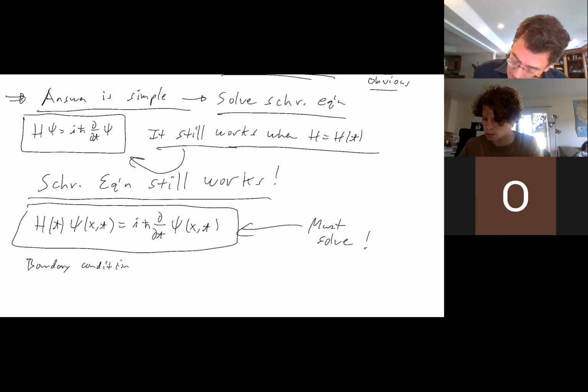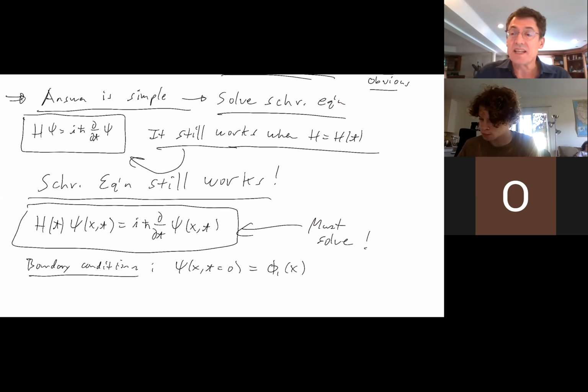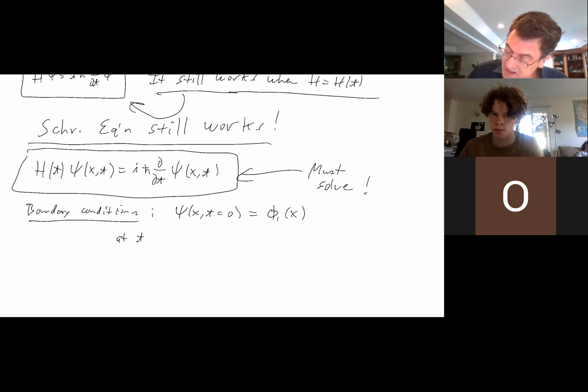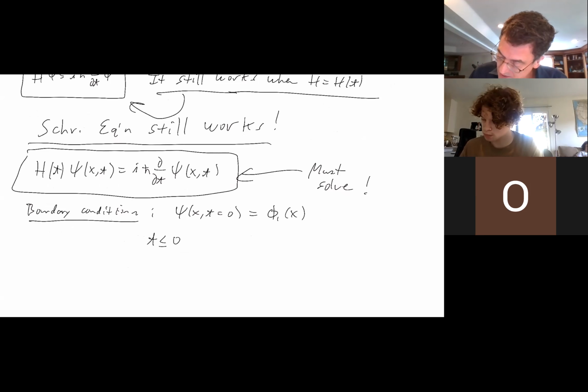You might say that my atom at t equals 0 is in some eigenstate. And then I might say that for t less than 0, my Hamiltonian is constant, H naught, and for t greater than 0, I turn on my Hamiltonian, which is now time dependent.